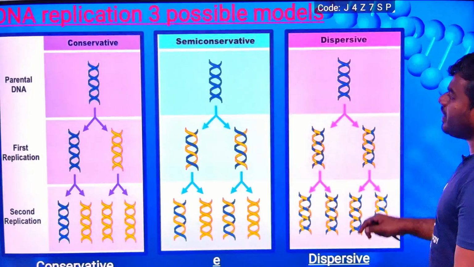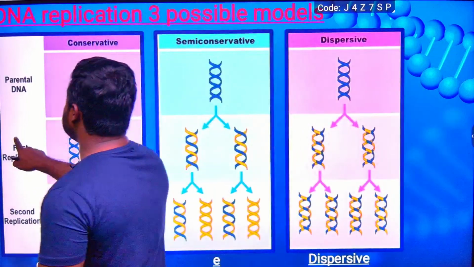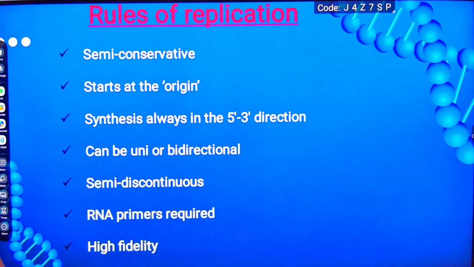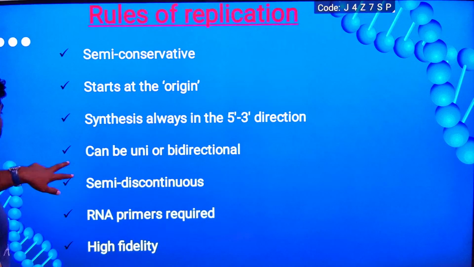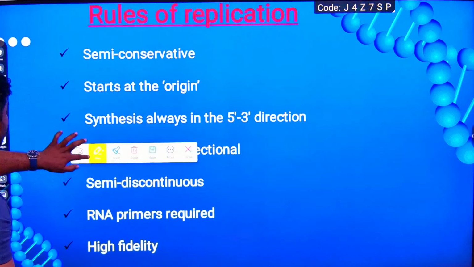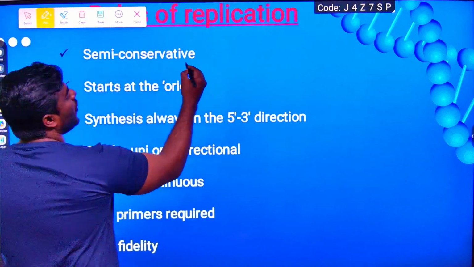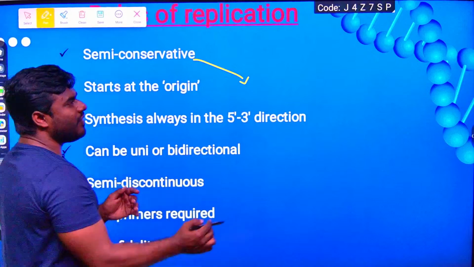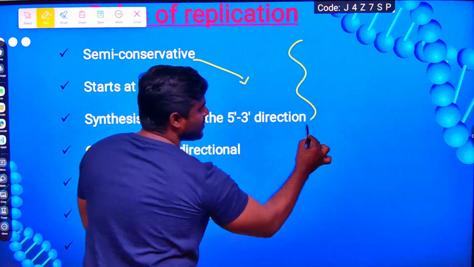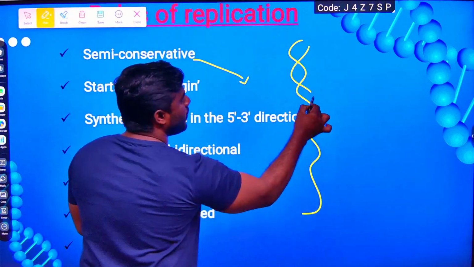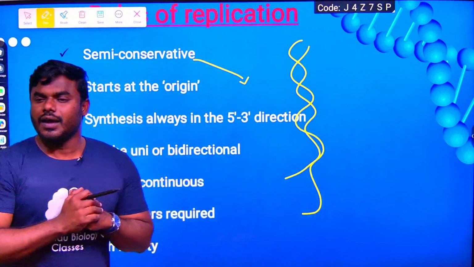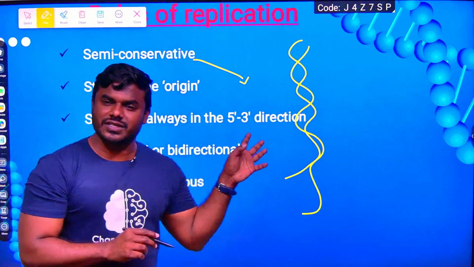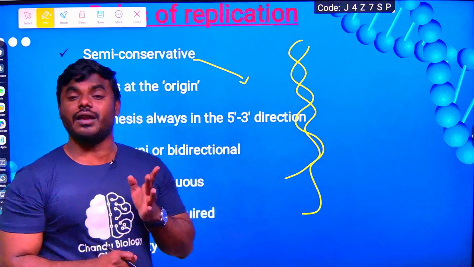Number one, what rule do we call it? Semi-conservative rule. First of all, the students have to understand what this semi-conservative is, how I have given this word, from where this word has come. Listen to the statements correctly. When the double helical structure of DNA was proposed by Watson and Crick, they published their entire research in the world-famous journal Nature.